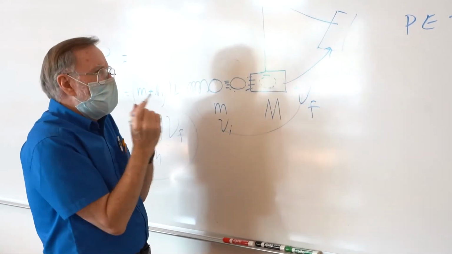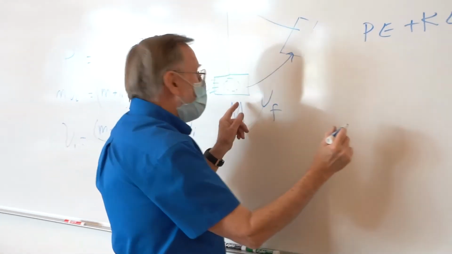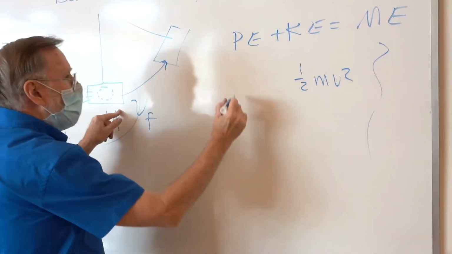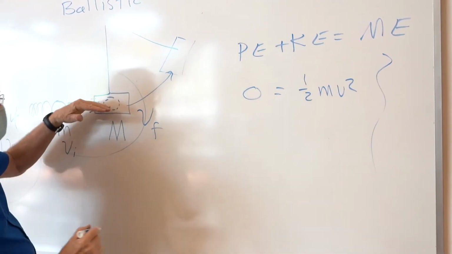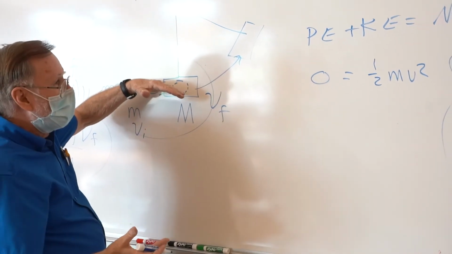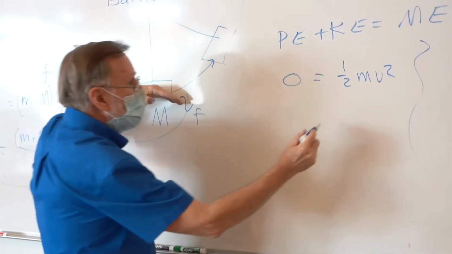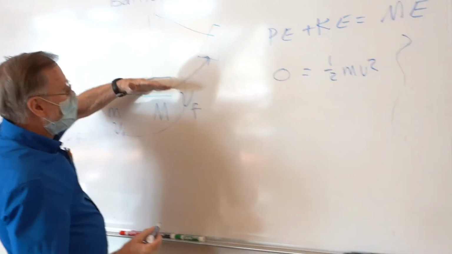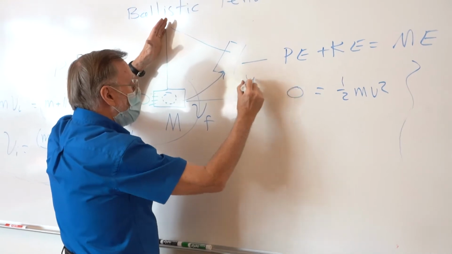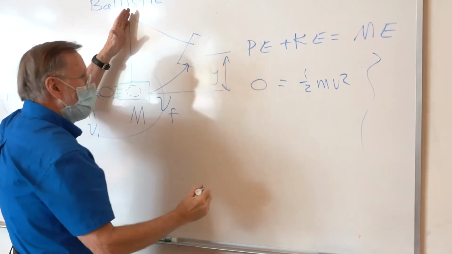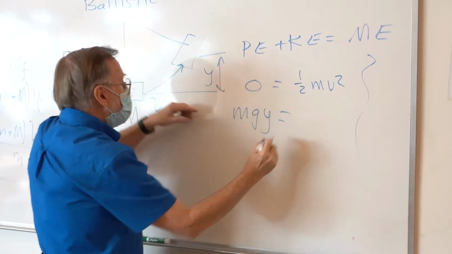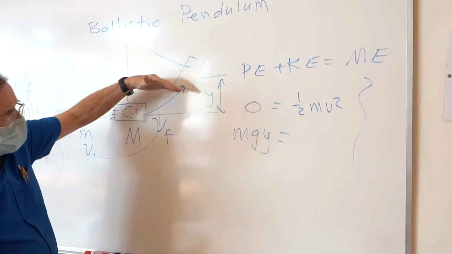So that means that the kinetic energy at the beginning, the potential energy is considered to be zero because it isn't raised up, and the total mechanical energy is 1/2 mv squared. Once it gets to its maximum height through a distance y, now it has potential energy, mgy, but no kinetic energy because it stops.